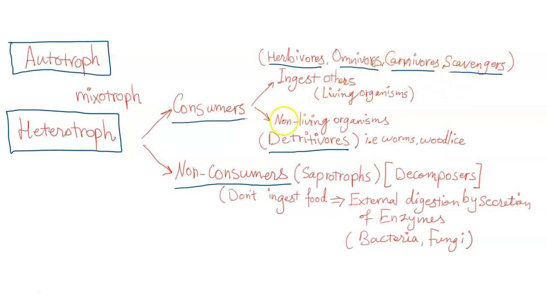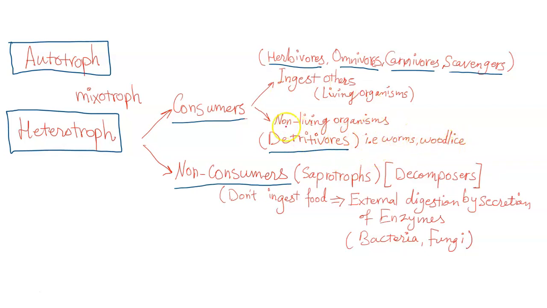The second division from consumers would be those feeding on non-living organisms. In this case, they don't ingest food from living organisms. They use the non-living organisms, and they will be called detritivores. Examples of detritivores are worms and woodlice.